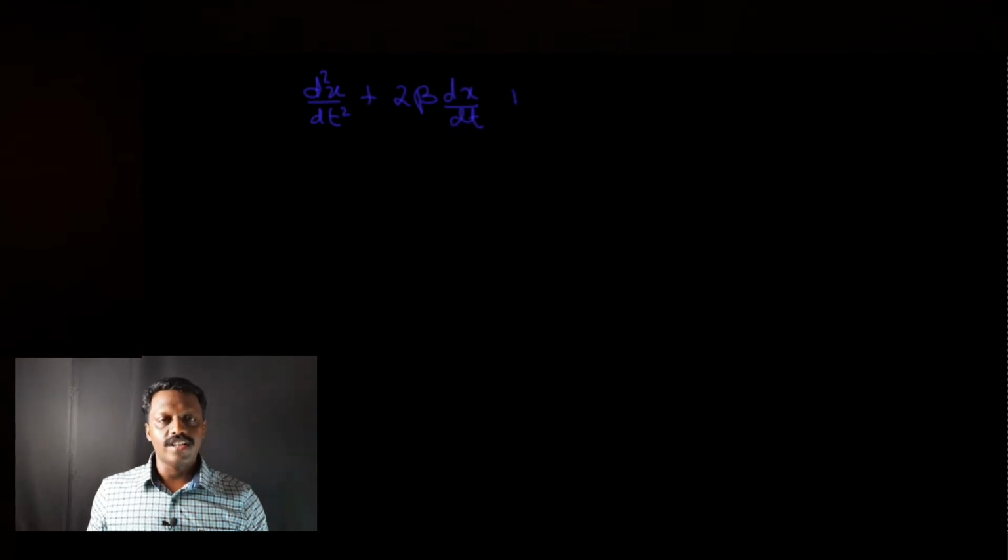To obtain the general solution of the differential equation of the damped harmonic oscillator, this equation being a homogeneous second order differential equation, we can use one of the mathematical methods. The solution should be either containing a sine and cosine term or an exponential term. We follow the latter.